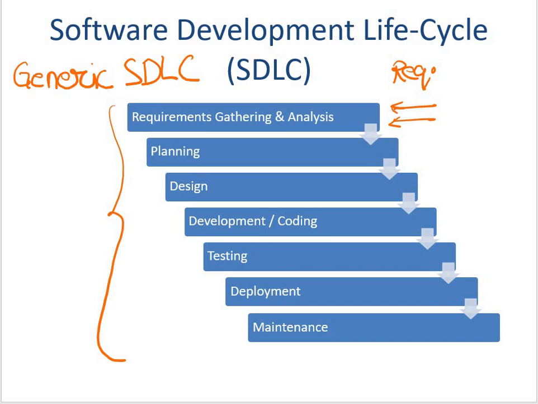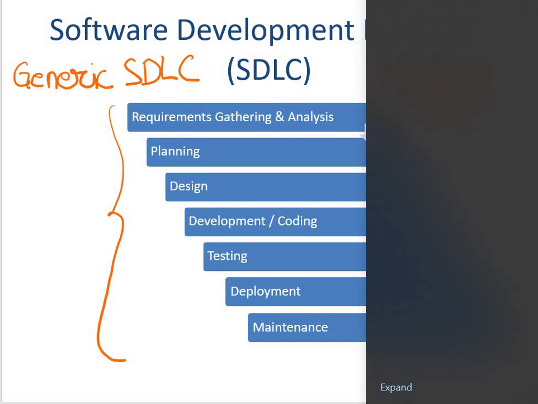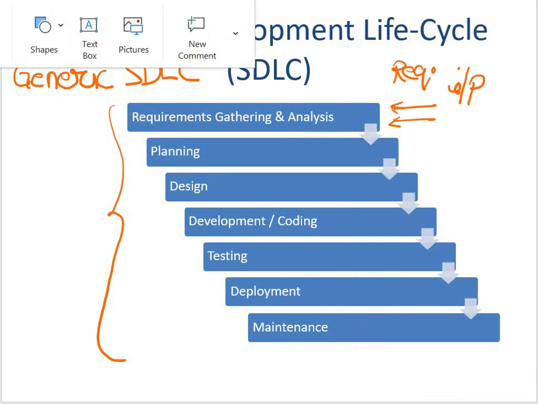This particular phase of SDLC is taking inputs from all the stakeholders. That can be your end user, or it can be your developers, salespeople, industry experts, programmers, and so on and so forth.